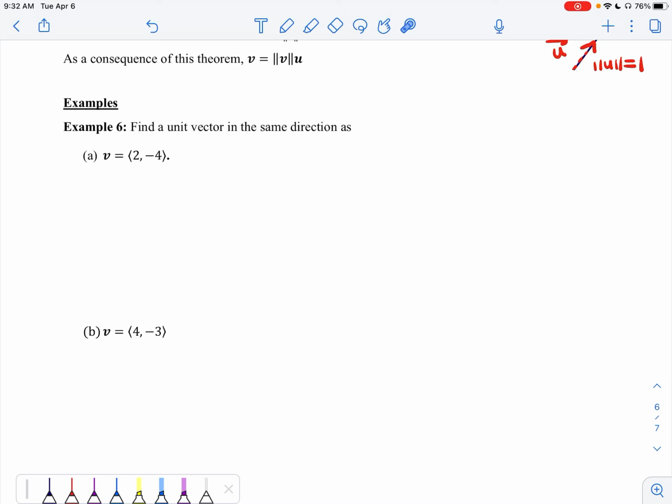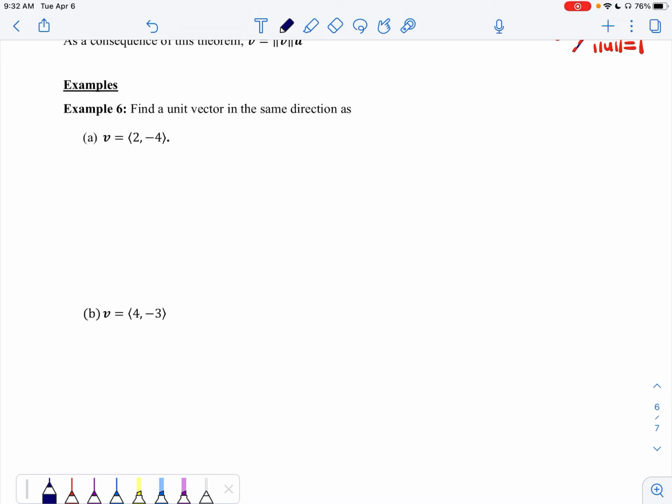So we are trying to find the unit vector in the same direction as the vector 2, -4. The first step is to find the magnitude of this vector, which is just the Pythagorean theorem. So 2 squared plus 4 squared. That would be the square root of 20, or 2√5.